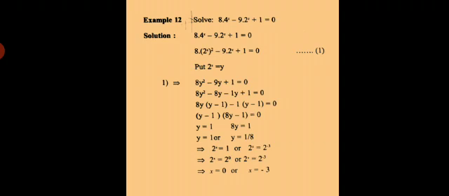Now in place of 1 they have taken 2 raised to 0 because that is again nothing but 1, just to compare the bases as well as their powers. Since bases are same, therefore the value of x will be equal to 0. You have to write in terms of x only, so that you have written 2 raised to 0 in place of 1. Okay, this is one part.